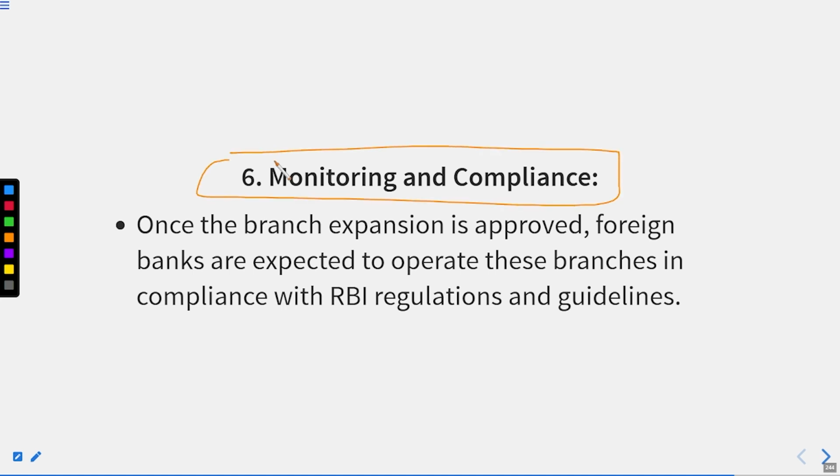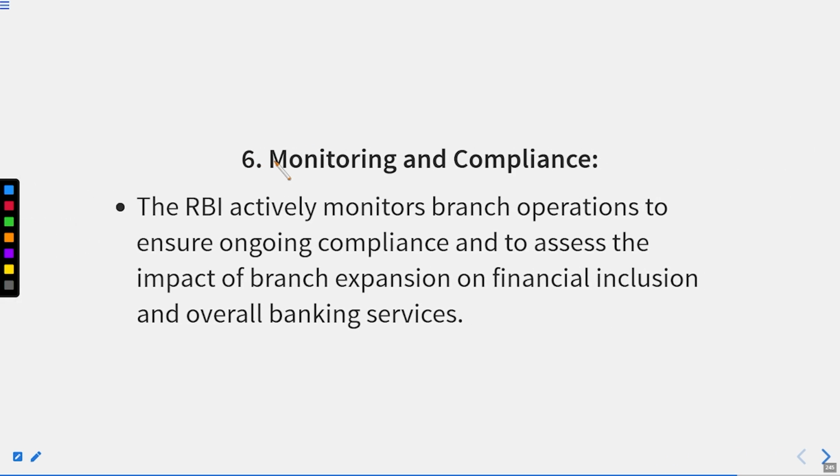Once the branch expansion is approved, the foreign banks are expected to operate these branches in compliance with RBI regulations and guidelines. RBI actively monitors branch operations to ensure ongoing compliance and assess the impact of branch expansion on financial inclusion and overall banking services.